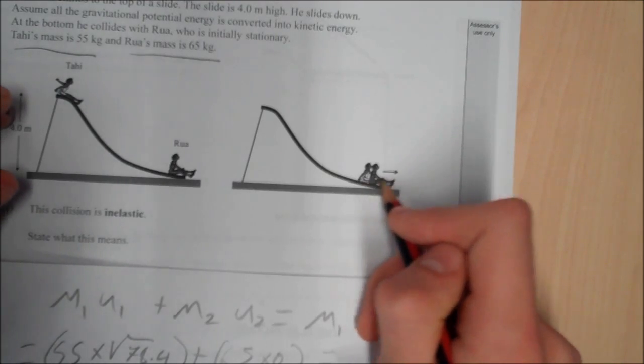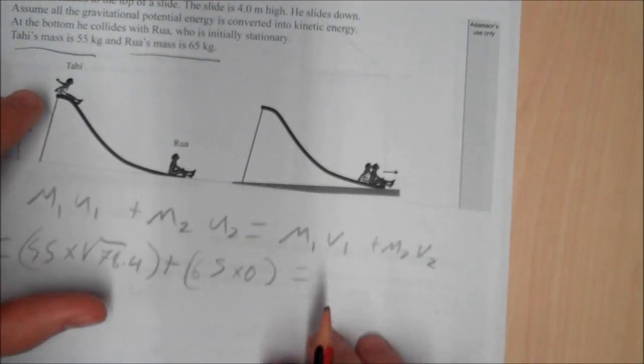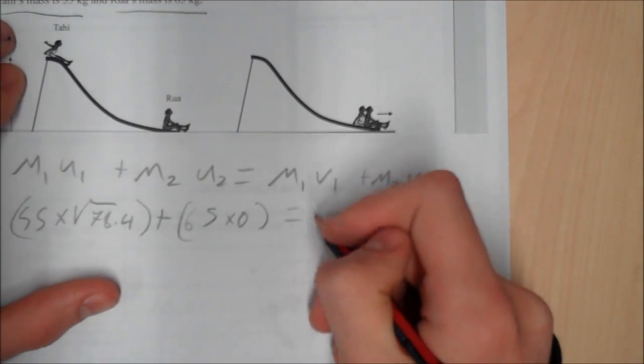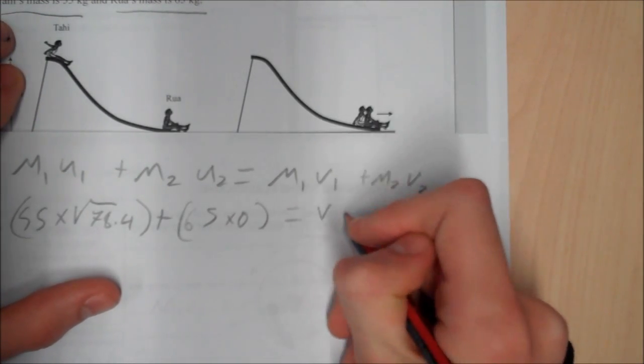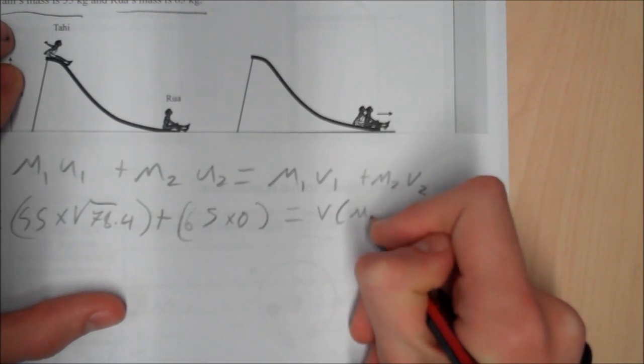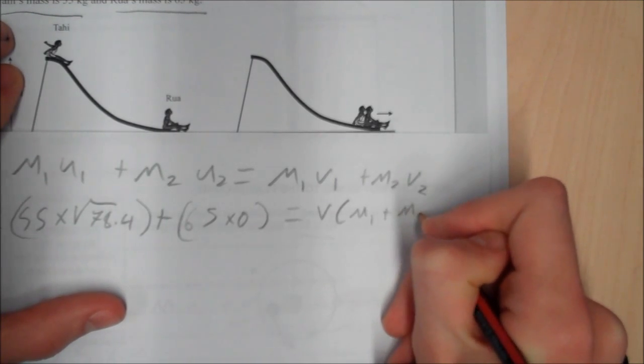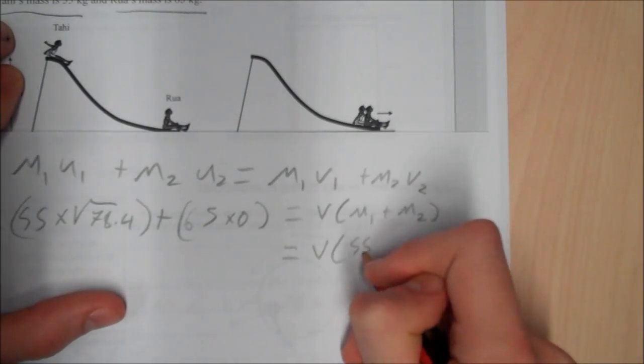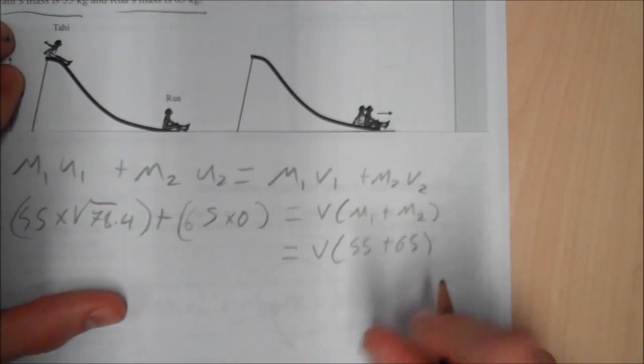They're basically moving at the same velocity here after the collision, so we can change v1 and v2 to just v, so this is going to be equal to v times m1 plus m2, which is v times 55 plus 65.